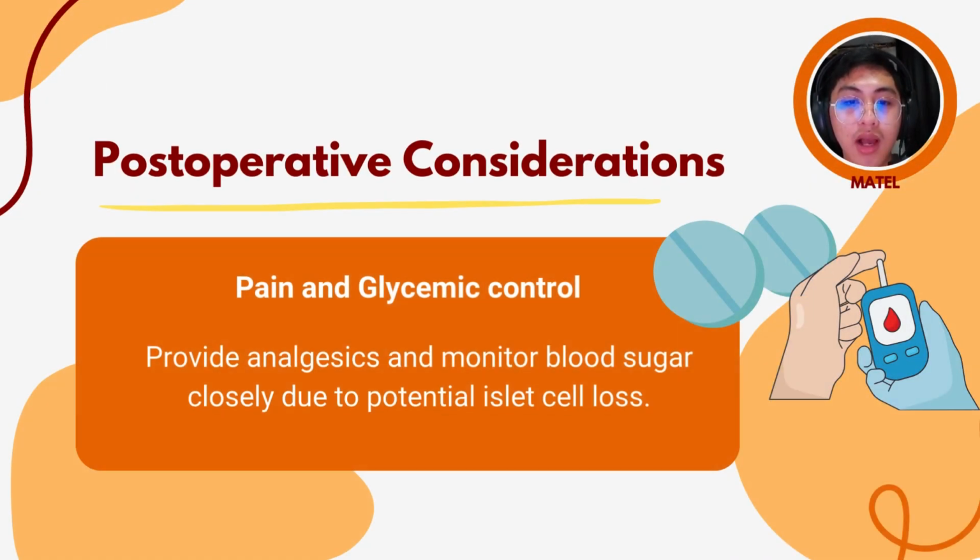Because of the procedure, it might cause inflammation in the pancreas. The pancreas is known to produce islet cells that manage our sugar. So, to manage this, we have to monitor the blood sugar regularly to see if the patient's blood sugar is stable. If the blood sugar is not stable, it might cause further complications if not managed.